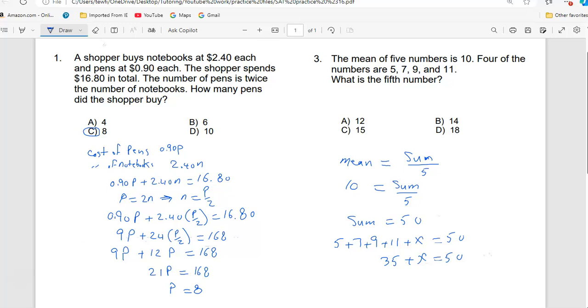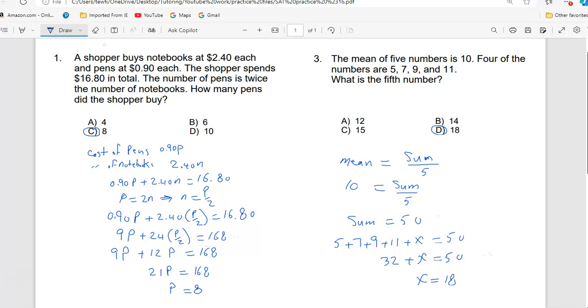That's not 35, 12 and 20 is 32. So we have 32 plus x equals 50. Subtract 32 from both sides, so x equals 18. And that is the 5th number, the missing number, which is this answer.